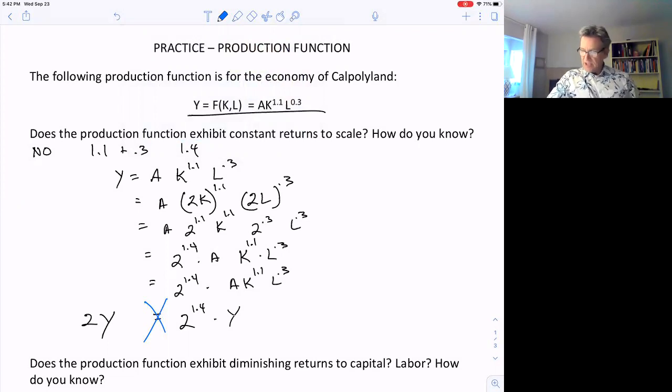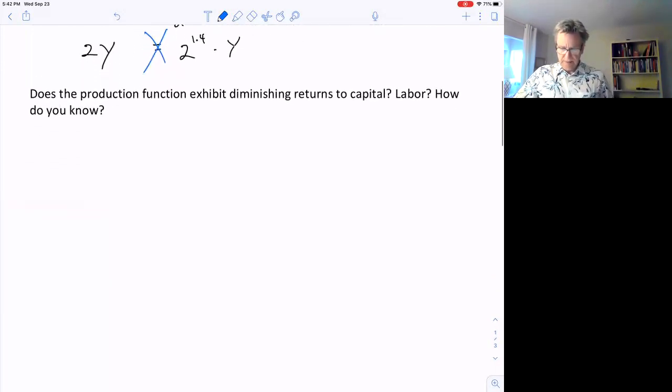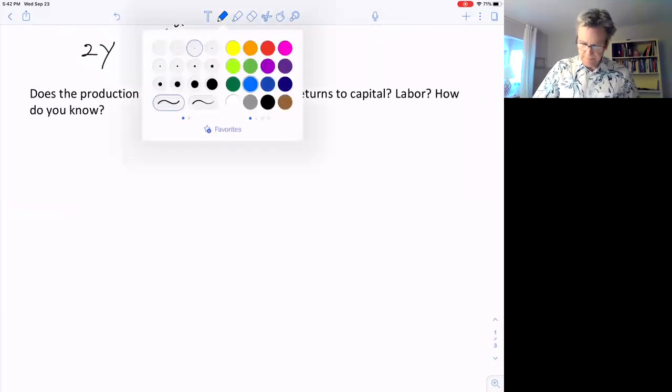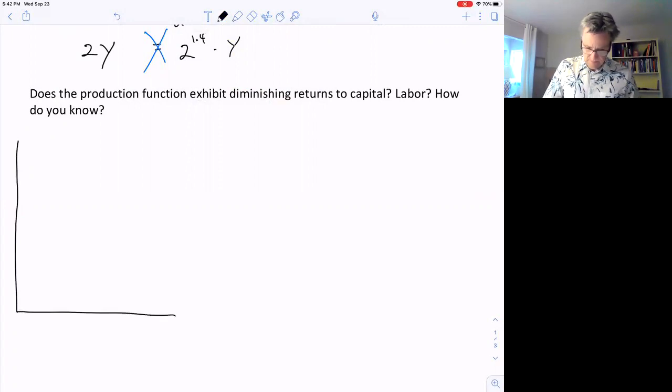Do we have diminishing returns to capital and labor? And how do you know? Well, labor is to the 0.3, capital is to the 1.1.